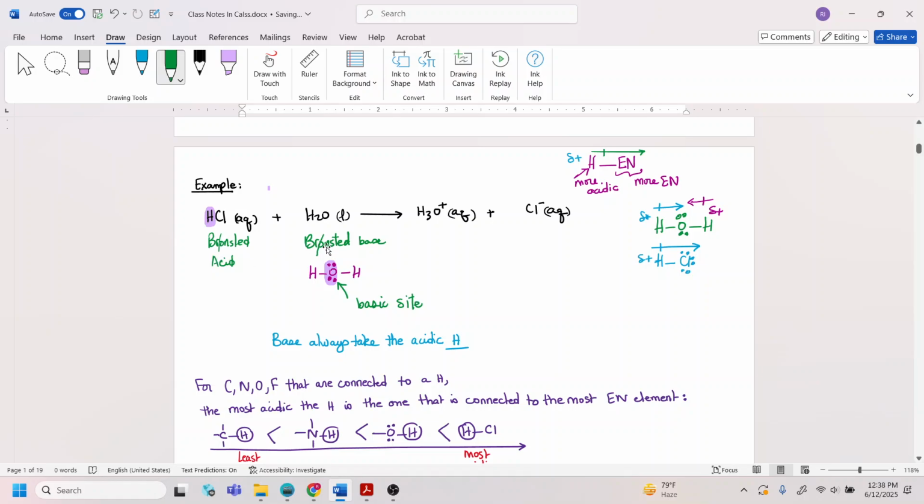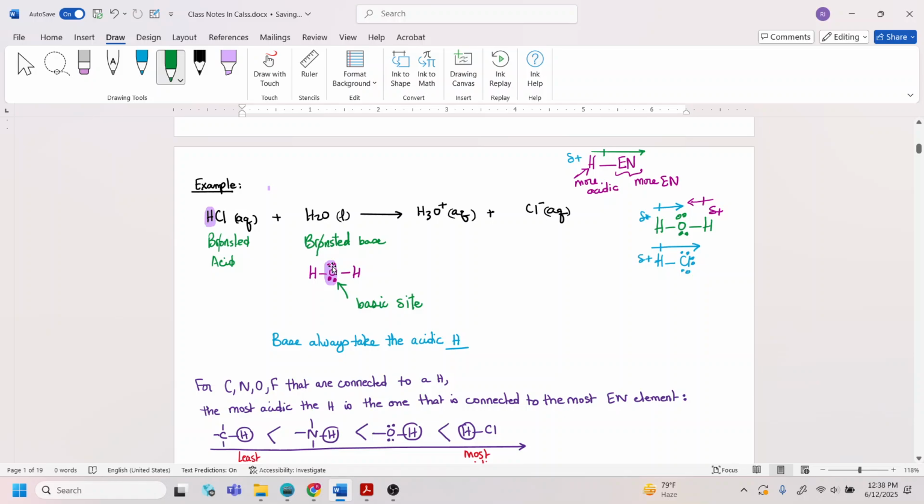So bases are known for their electron rich site. Acids are known for their electron poor hydrogen. The more electron poor the hydrogen is, the stronger is the acid. Okay, so how does the reaction go in here? The reaction goes by bases.